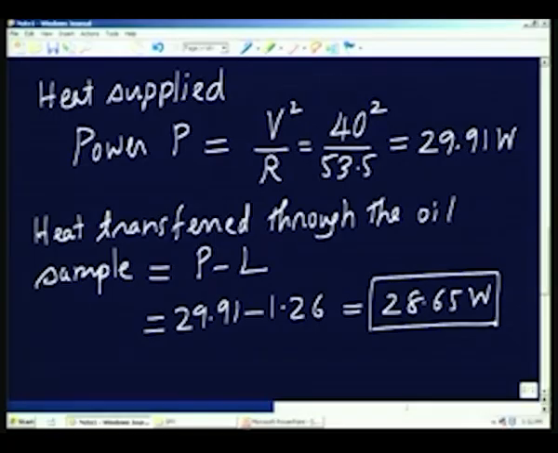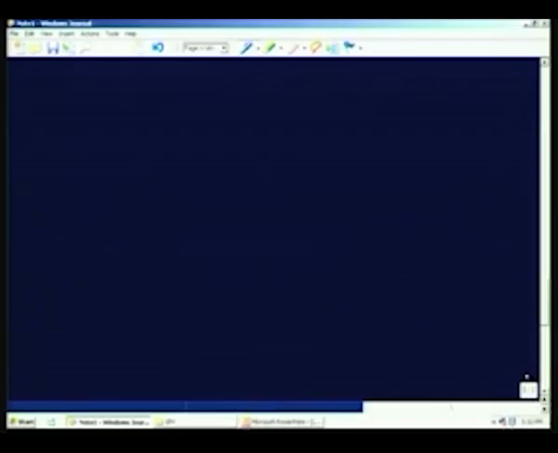So, we have the heat transfer through the oil sample, and we can now calculate the thermal conductivity of the oil.